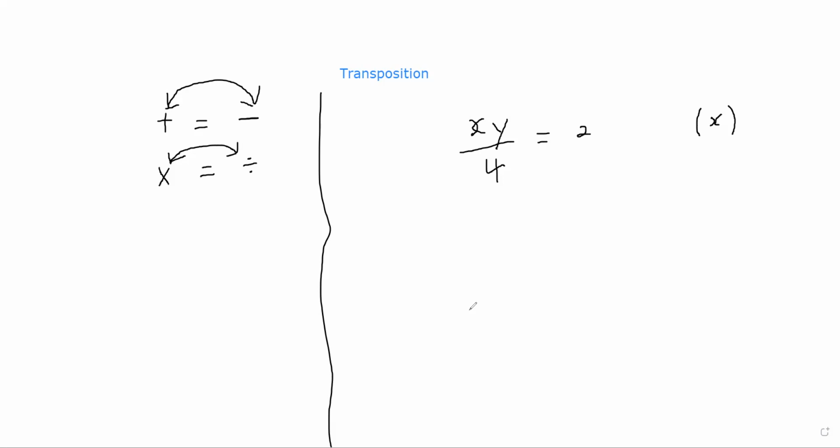So we carry over the 4 to the other side. What is the 4 doing on this side? It is dividing, right? So if it's dividing on that side, when we carry it over we need to multiply. It will be 2 multiplied by 4, which is equal to 8.